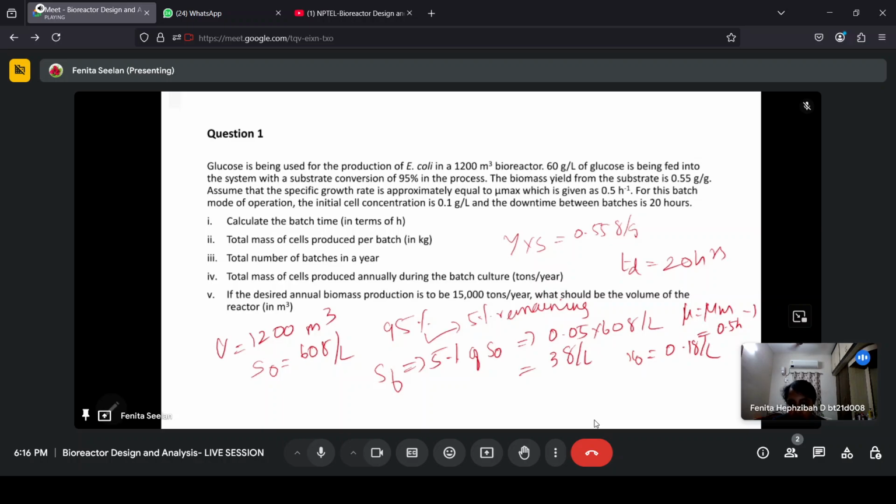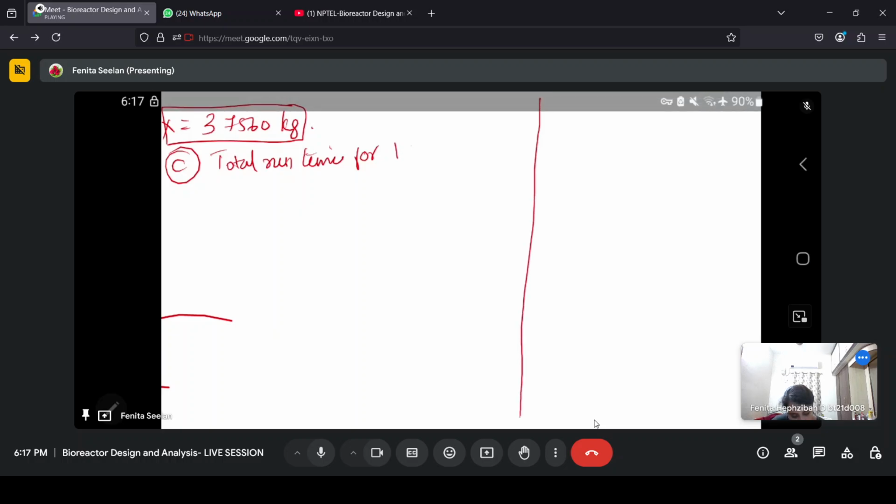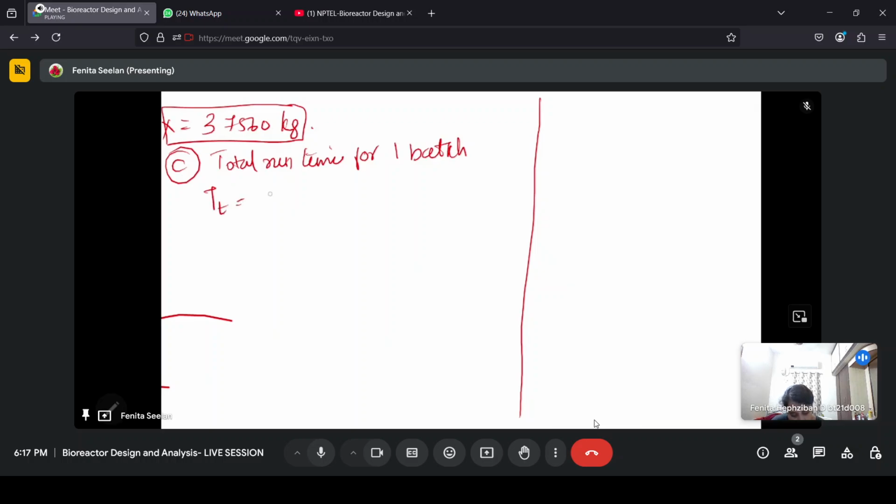Now we have to calculate the total number of batches which can be run in a single year. So for that, we have to find the total time for running a batch. So the total time is batch time plus downtime, which is 11.5 plus 20 hours. So the total time is 31.5 hours.